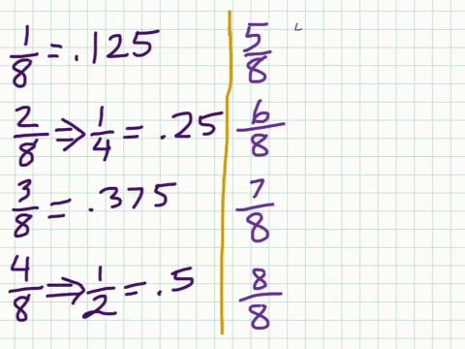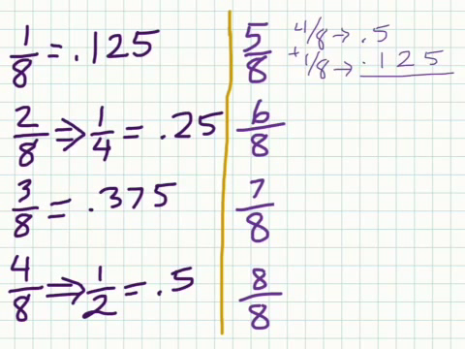So 4/8 was 0.5. And if I want to add 1/8, 1/8 is 0.125. I'm going to show you the traditional algorithm for adding and subtracting decimals here. Well, we need to put some placeholders in.